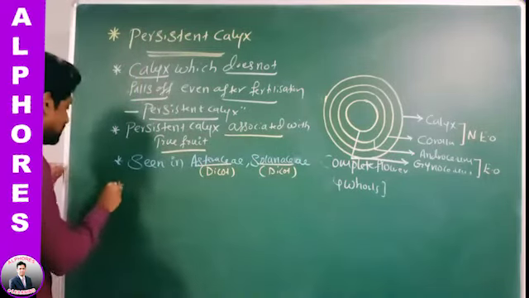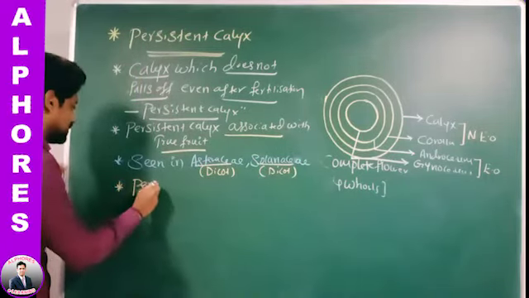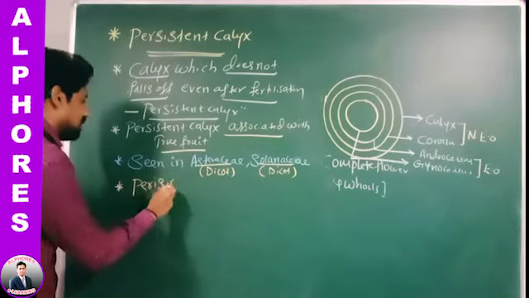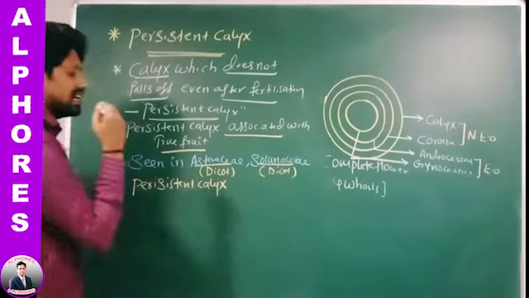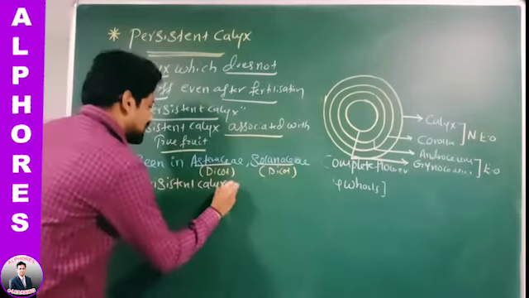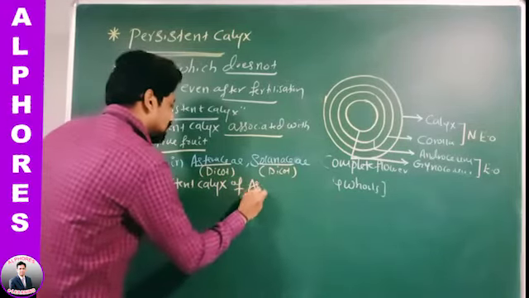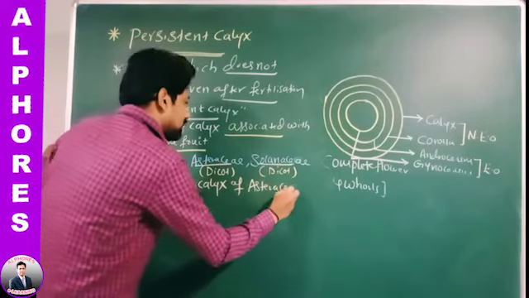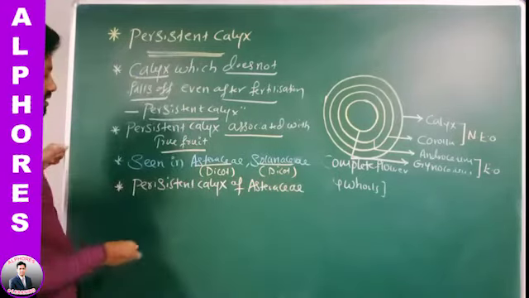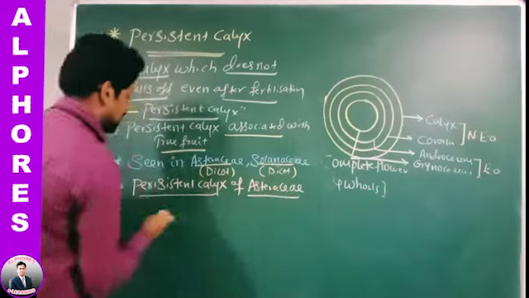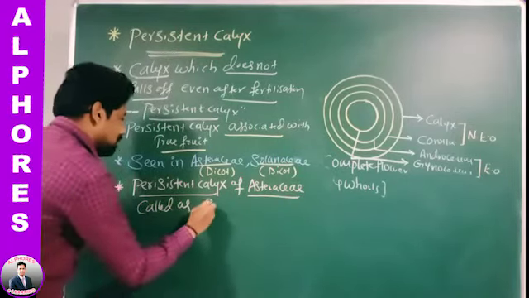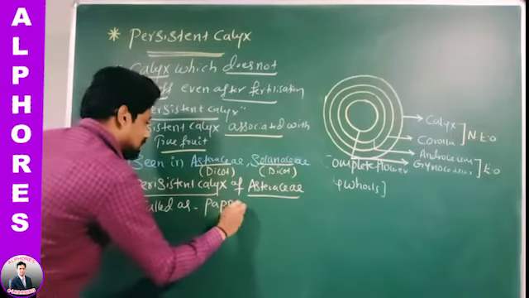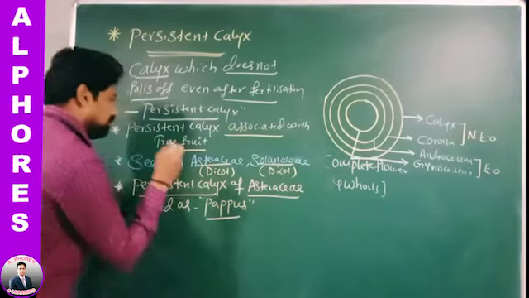Okay, I am speaking about persistent calyx of which family, sir? Asteraceae family. Persistent calyx of Asteraceae family is called what? Pappus.